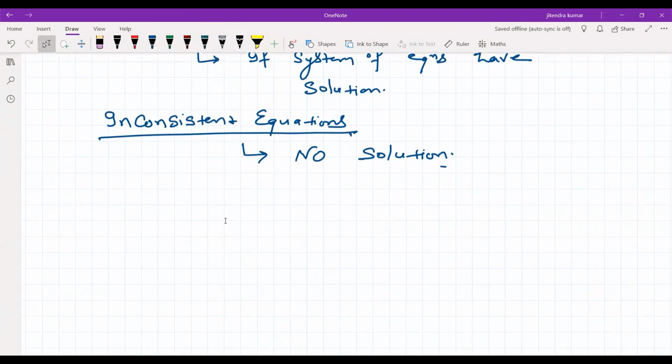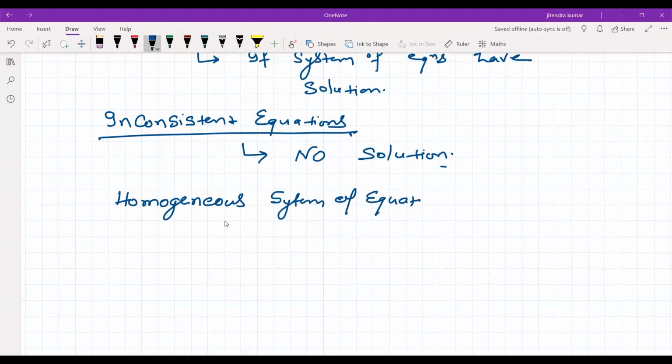And there is one more term, that is called a homogeneous system of equations.